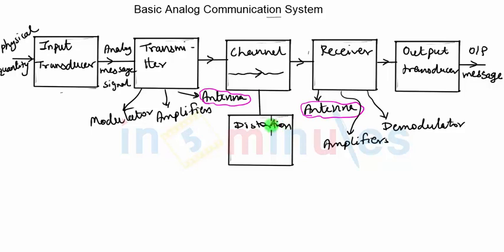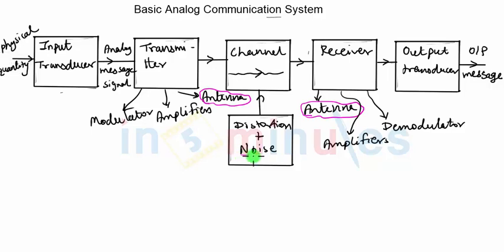Now what are these distortions, why they take place, etc., we'll be discussing as we go ahead with the communication systems. As of now, we can understand one form of distortion, which is in the form of addition of noise to the signal. Noise is also something we are going to discuss in detail later on.